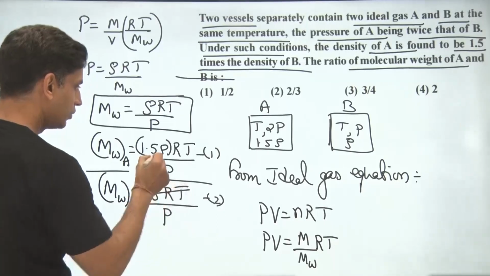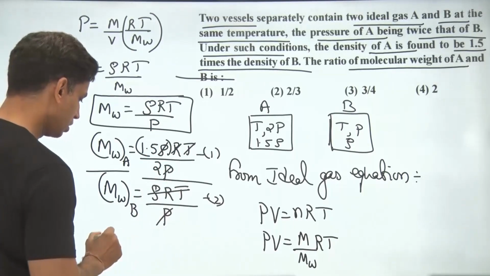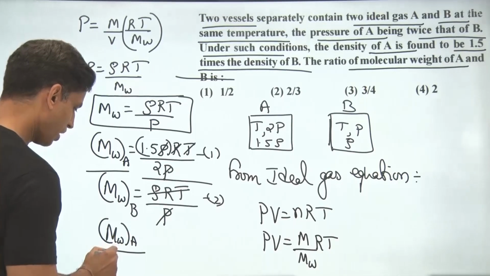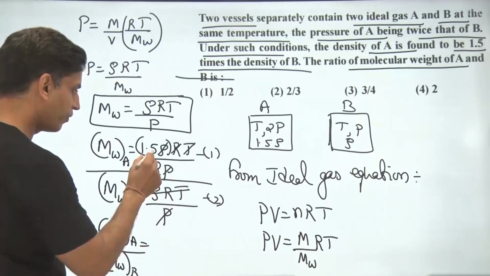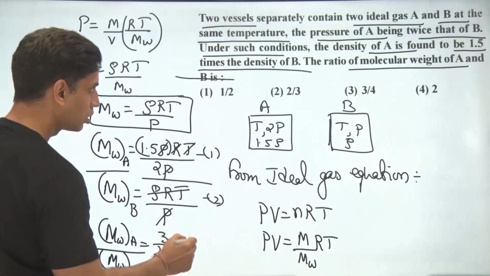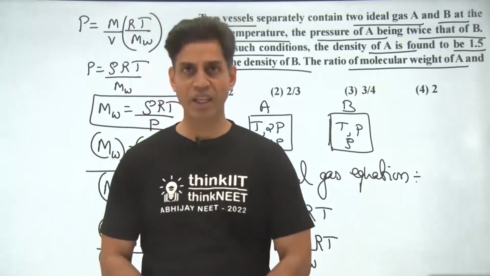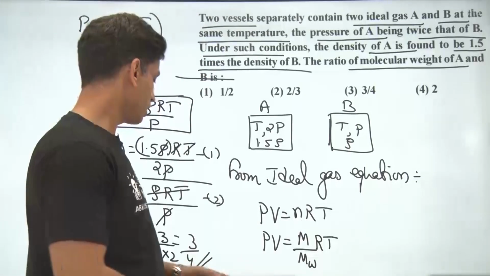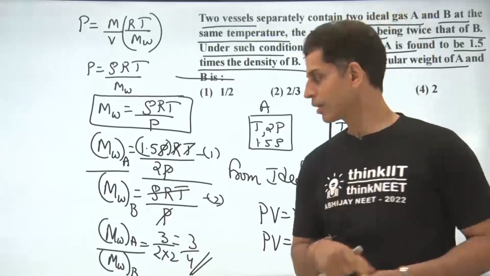Now rho, R, T, P and P all cancel. So MWA by MWB equals 1.5 by 2. That is 3 by 2 into 2, that is 3 by 4. So the ratio of the molecular weight of A and molecular weight of B is 3 by 4. So 3 by 4 is the correct answer.